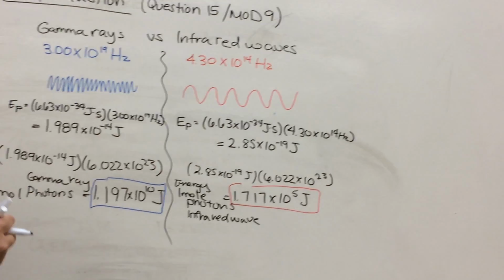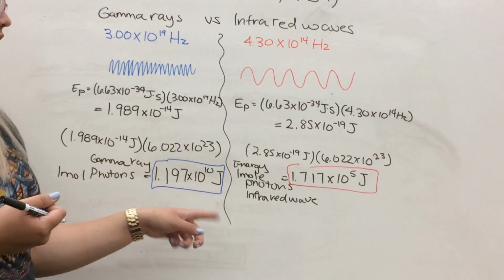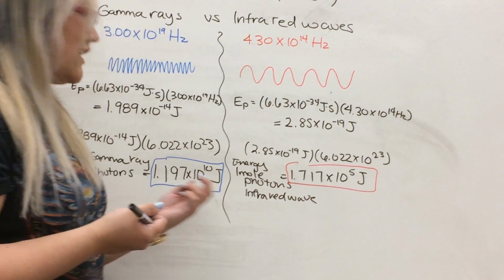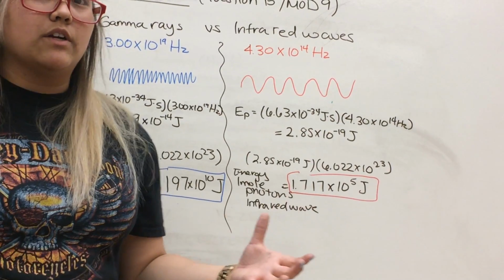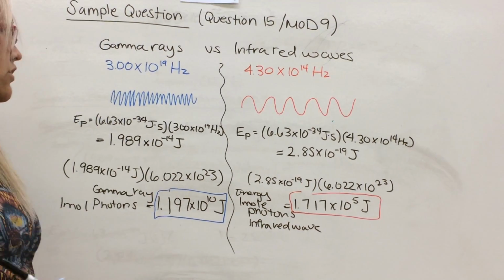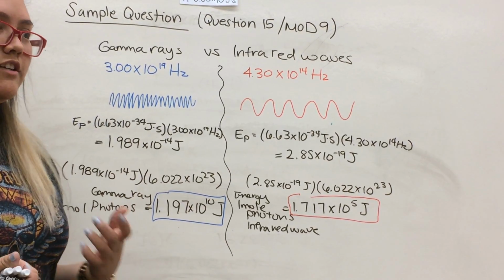As you can see here, we can compare the energy. We have 10 to the 10 versus 10 to the 5, and 10 to the 10 tells us it's a really big number as compared to 10 to the 5. So we can conclude that gamma rays have the larger energy.